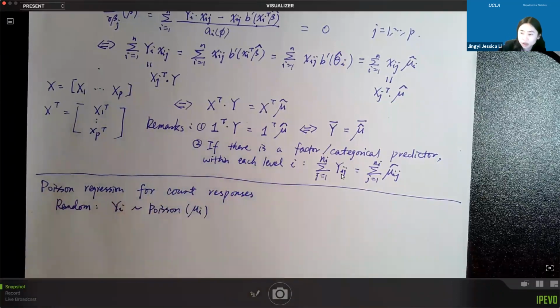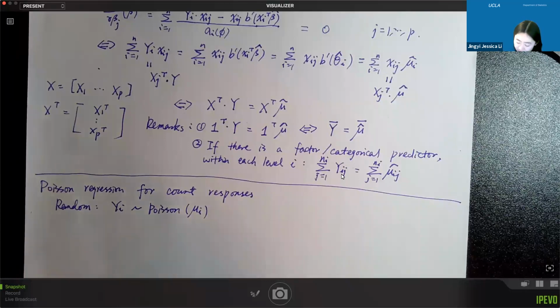In theory, a Poisson random variable can be as large as infinity. But depending on mu_i, we will have a very small probability of observing a large value. The smaller the mu_i, the smaller the probability that we're going to observe a large count.